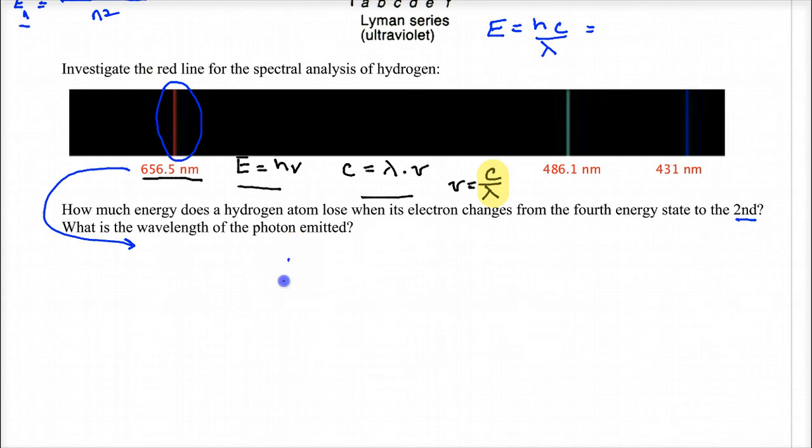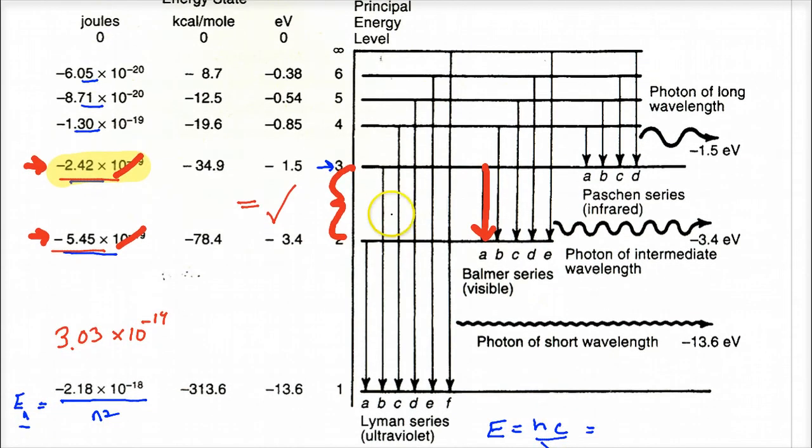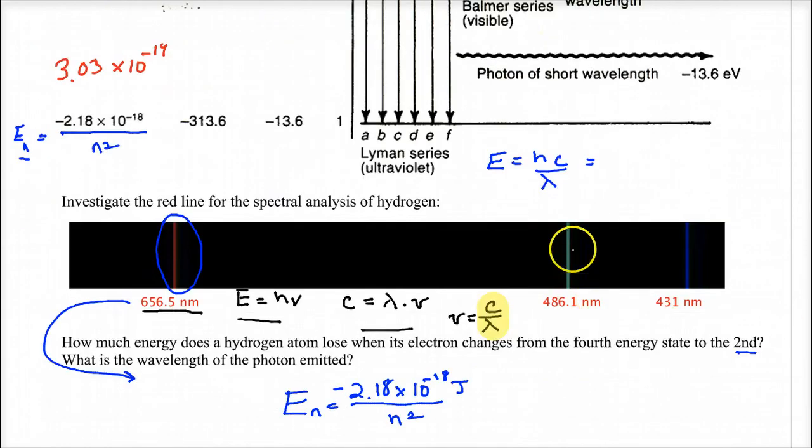So the Balmer equation is E_n equals negative 2.18 times 10 to the negative 18 over n squared, and that's of course joules. Now he wants to know the energy when the hydrogen atom goes from the fourth to the second. So that's the leap from 4 to 2, which by the way would be this line right here.